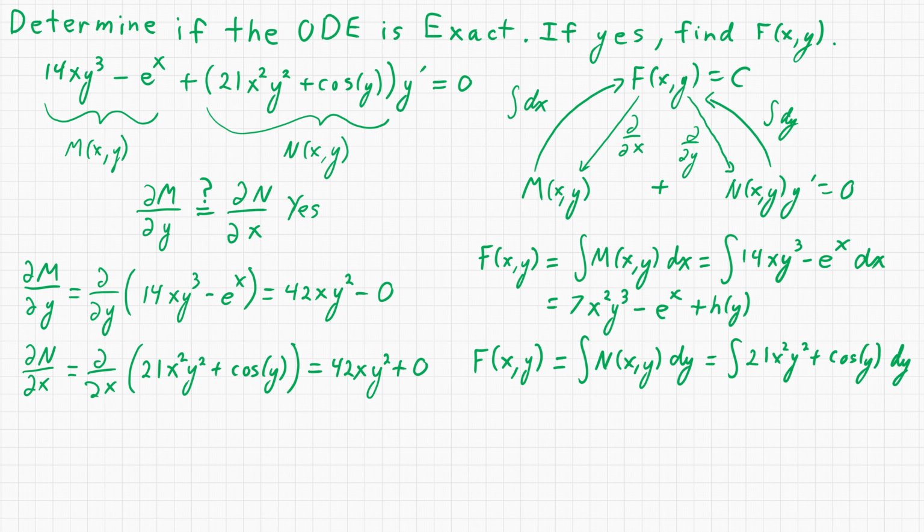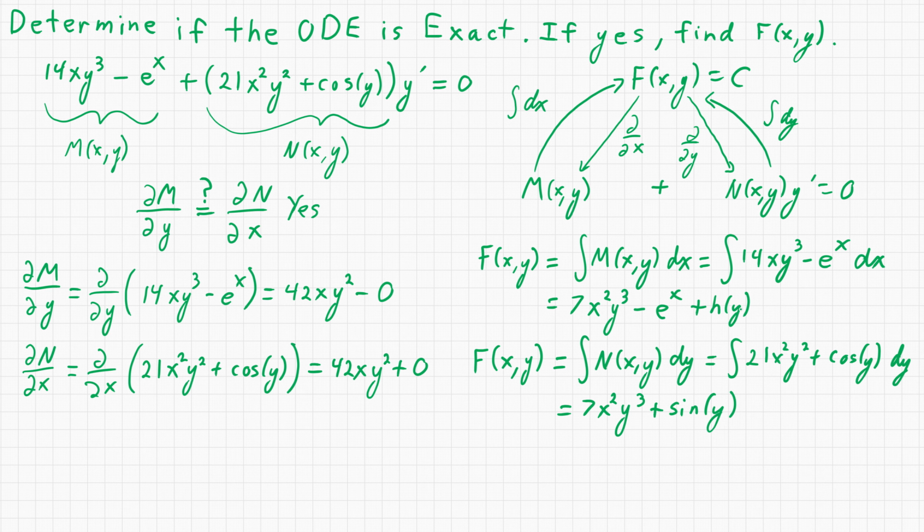All right, well, let's see, the y squared will turn into y cubed, and it'll take a 3 out of the 21. So that's going to turn the 21 into a 7. X squared stays the same. And right, the y squared turns into a y cubed. Things are looking good, right? I have 7x squared y cubed here. There's a 7x squared y cubed here. And I have my plus cosine of y. Well, the antiderivative of cosine is positive sine. So we're going to have just a plus sine of y.